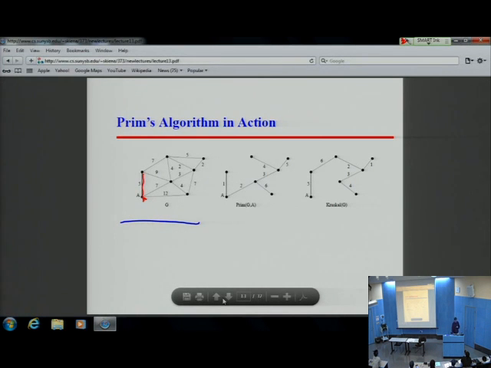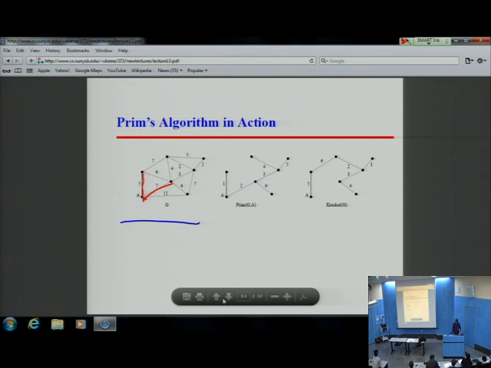What is the cheapest edge that is adjacent to my tree? There are two that are weighted 7. Which one am I going to grab? Well, I don't care. Maybe just to be a little controversial, I'll get that one. You get the same answer as on the other tree. What is the cheapest vertex I can grab now?